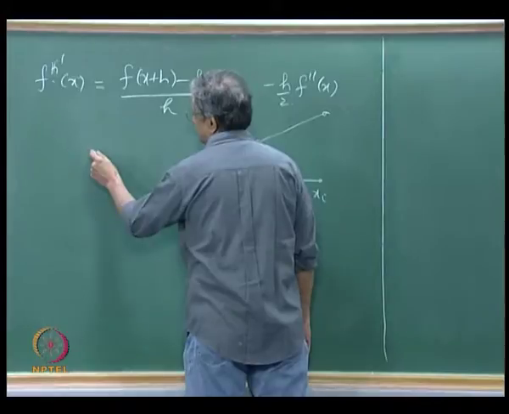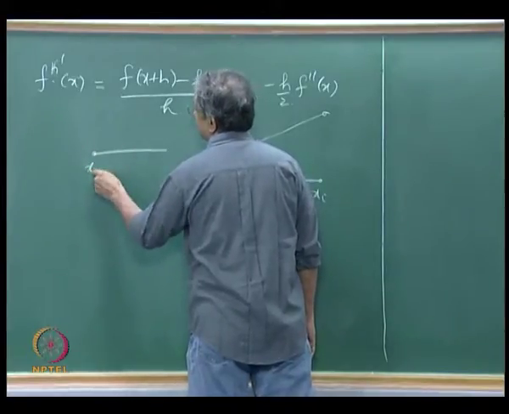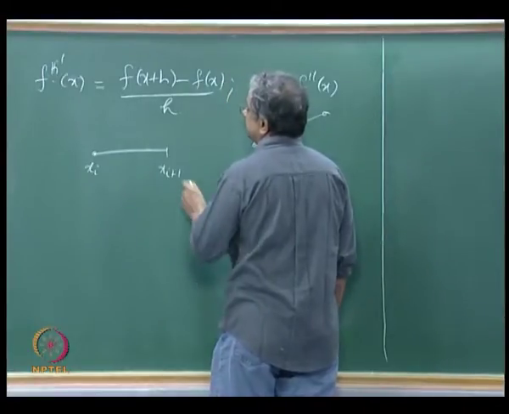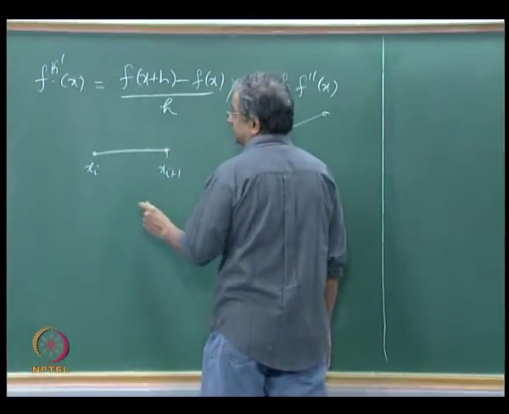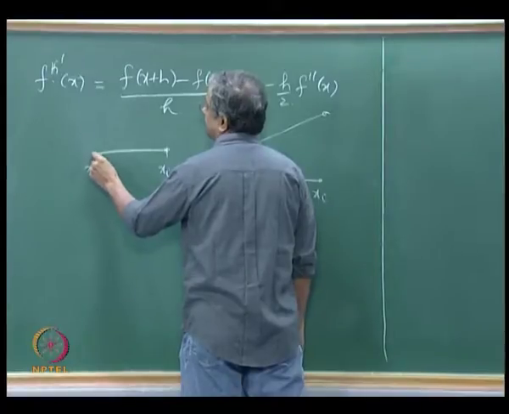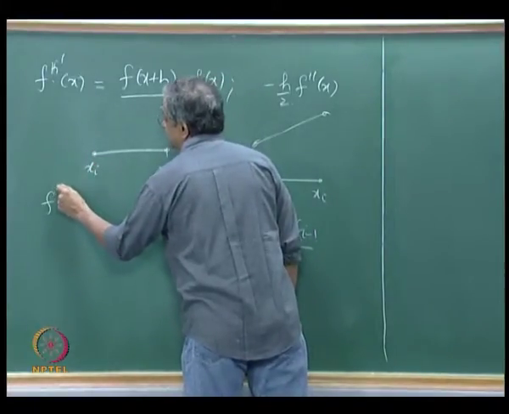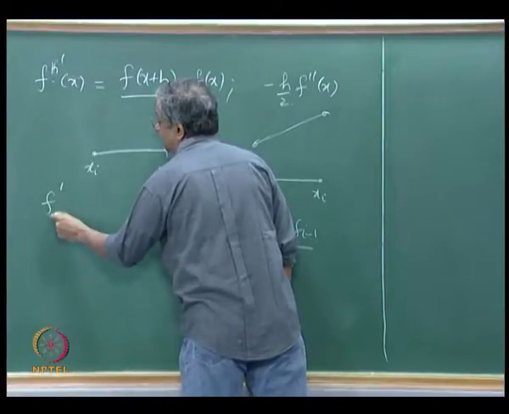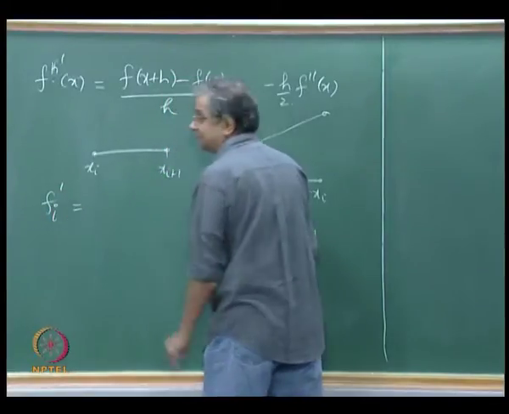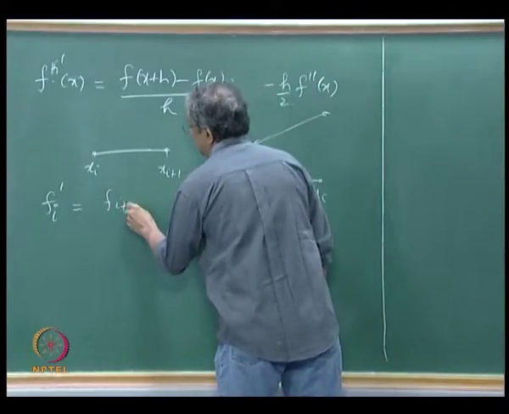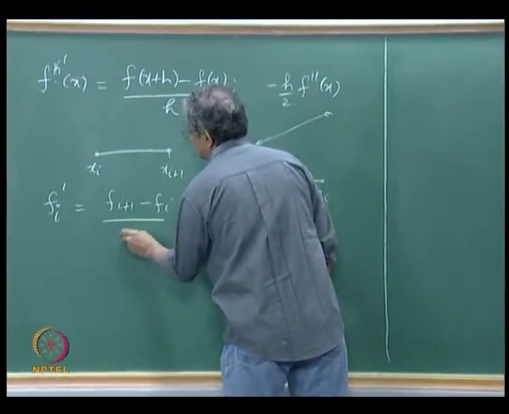So if this is x_i, this is x_{i+1}, and the function value here is f_i, so I am saying that f prime, I have already dropped the h to indicate, so I know it is f prime at the point i, is f_{i+1} minus f_i divided by h.